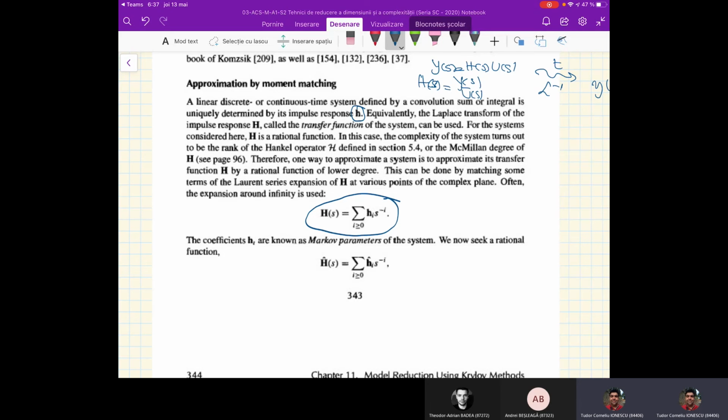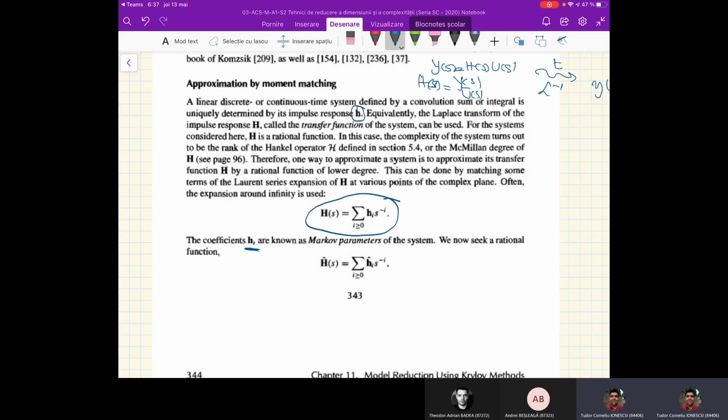This expansion is, for instance, around infinity, and you can do it in this fashion. Then the h_i are called the Markov parameters of the system. You remember the Markov coefficients or parameters; we discussed this in the chapter about linear dynamical systems.